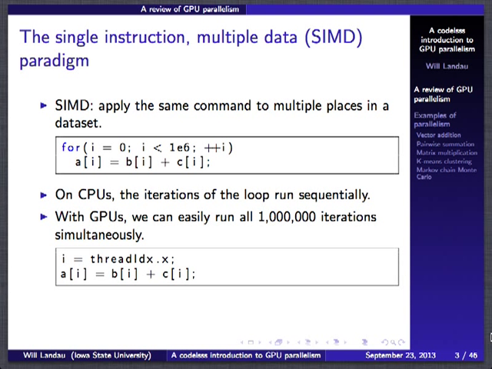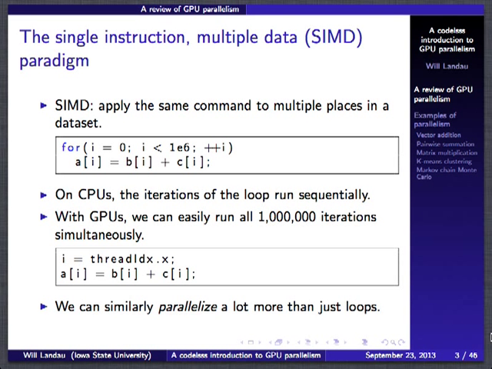And because of the architecture of a GPU, that's going to be really fast. We can parallelize a lot more than just loops. I went over some examples last time, and applying parallelism anywhere you use the SIMD paradigm, there are a lot of applications.